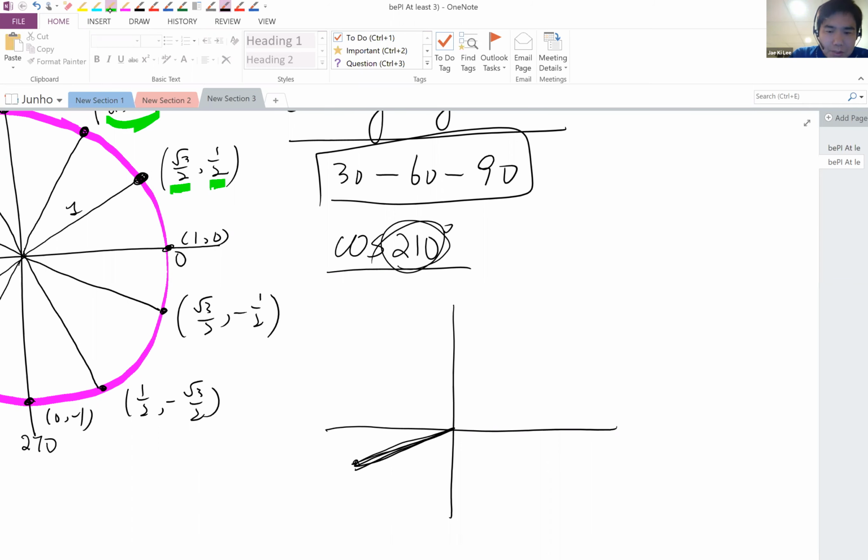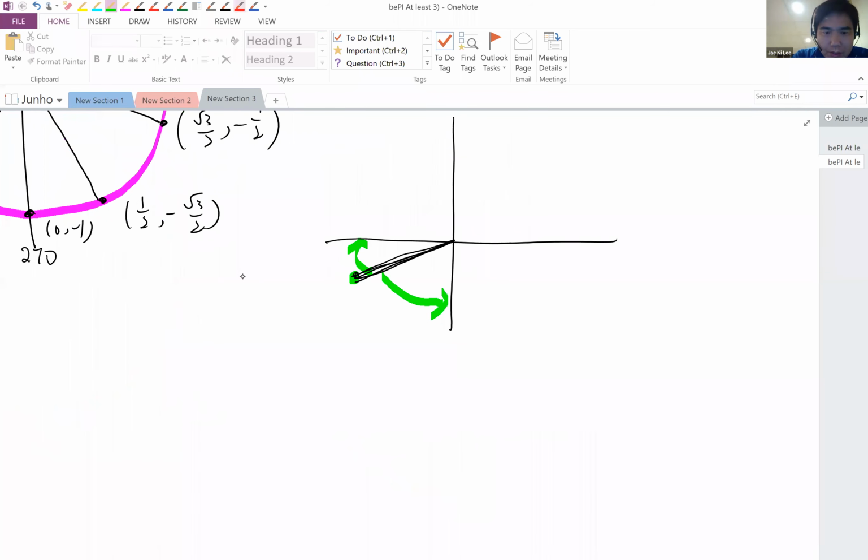Now I'm asking, in this line, is it closer to the x-axis or y-axis? X-axis, right? Which means at this point, the ordered pair becomes negative root 3/2 and then negative 1/2, because closer means always root 3/2.